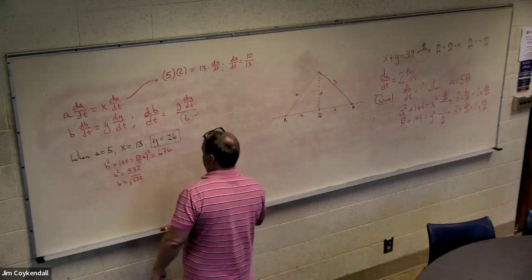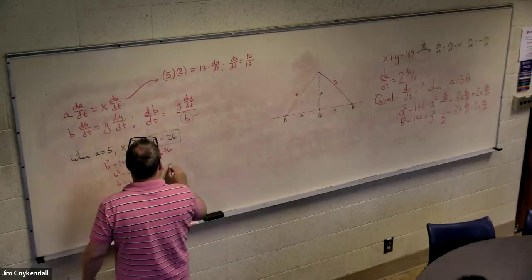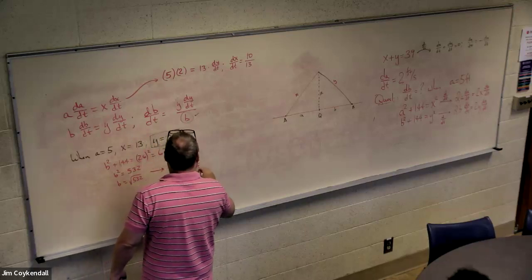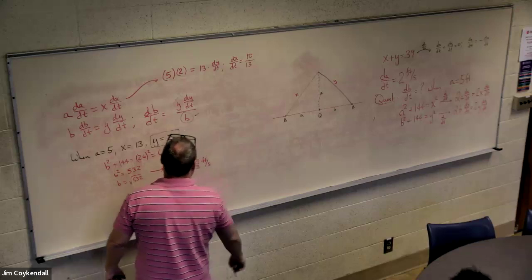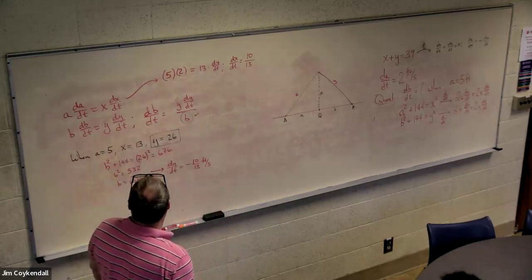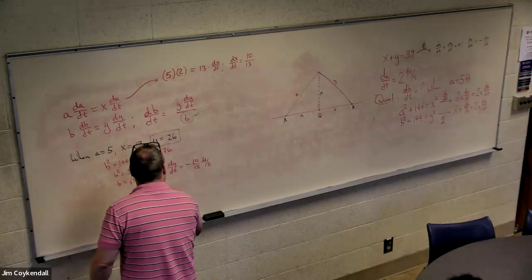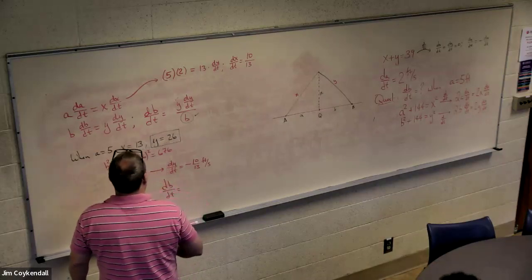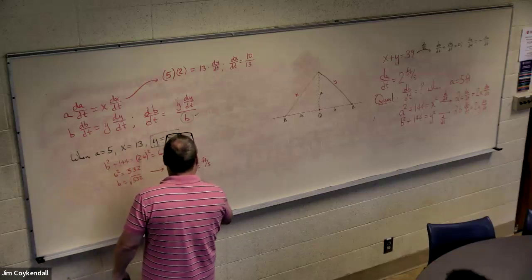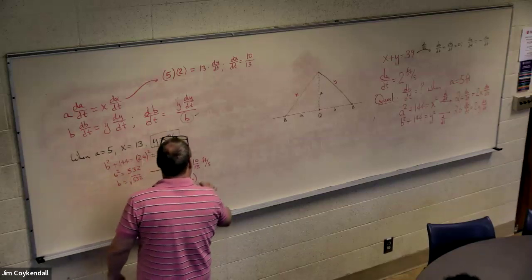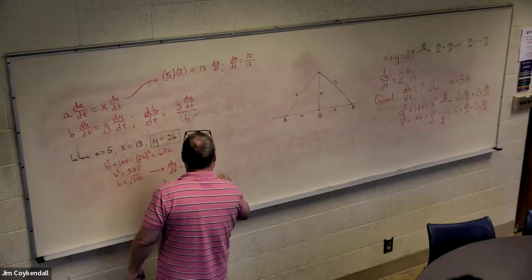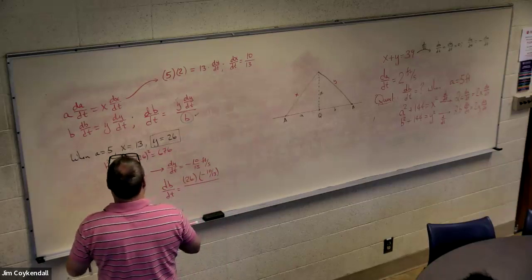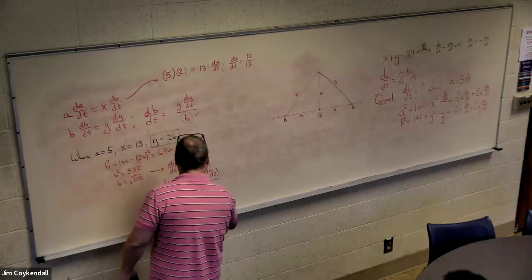So dx/dt is negative 10/13. So how fast is the cart moving toward the middle point? y is 26, dy/dt is minus 10/13, and B is radical 532.